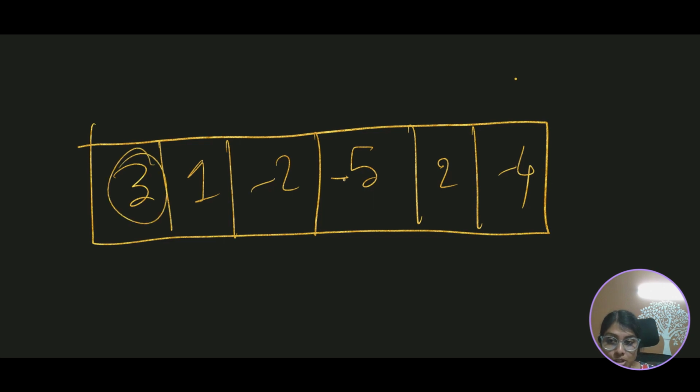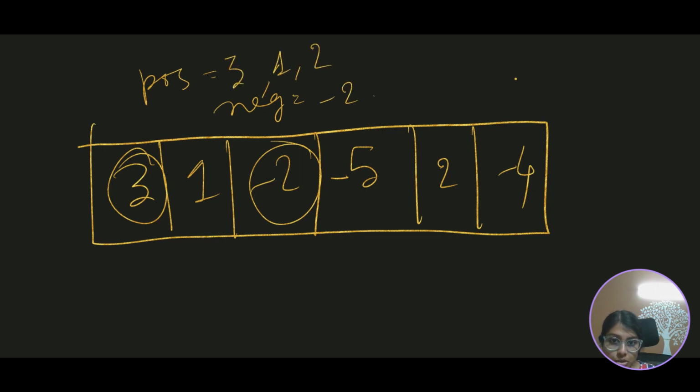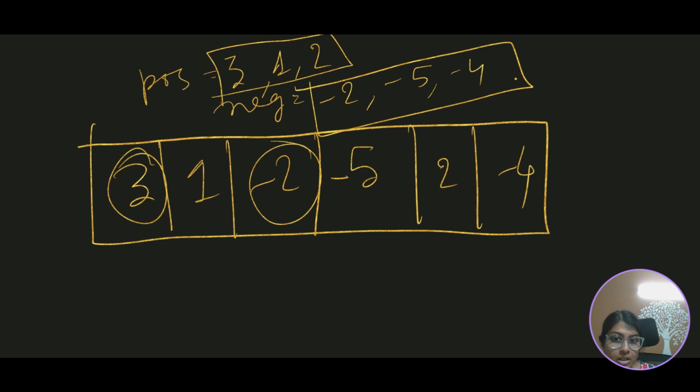Now let's say if it is positive, let's create a positive queue, and if it is negative, let's create a negative queue. So my positive queue will look like 3, 1, 2, and the negative queue will be minus 2, minus 5, minus 4. These are the two arrays that we will have.